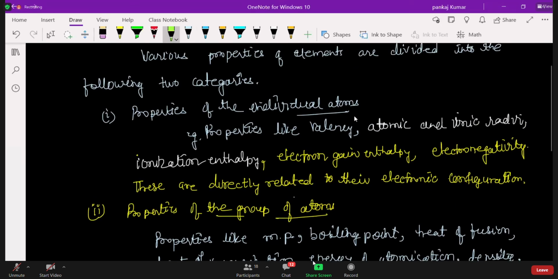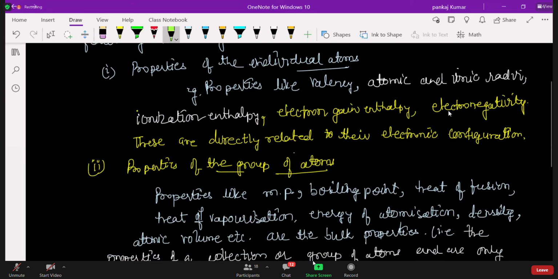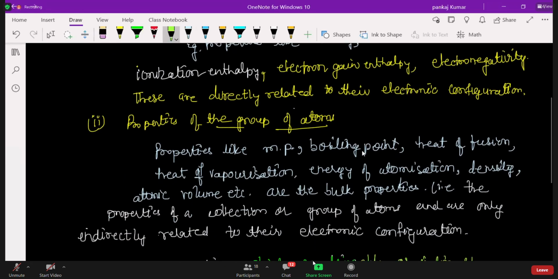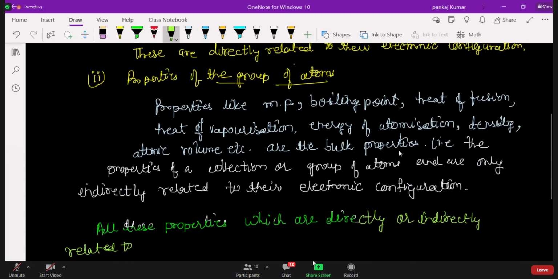If the atom is single, what are the different properties? I will give the full notes, so then you can understand and give the answer to any question properly. Otherwise you will say, sir, you have not taught properly.